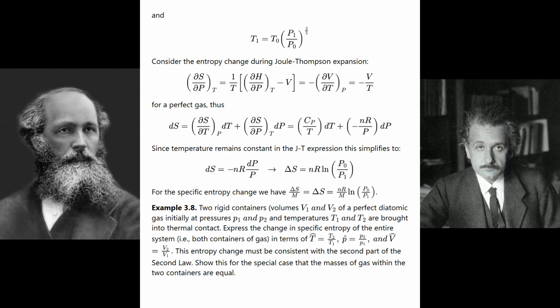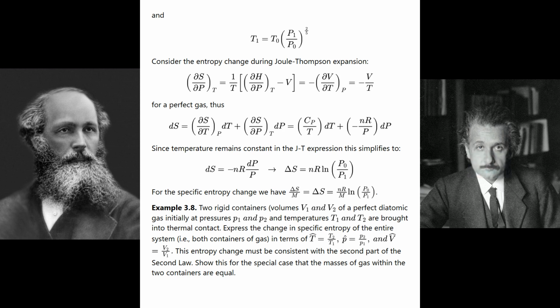Example 3.8. Two rigid containers, volumes V sub 1 and V sub 2, of a perfect diatomic gas, initially at pressures P sub 1 and P sub 2 and temperatures T sub 1 and T sub 2, are brought into thermal contact.